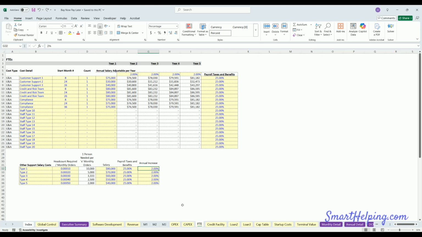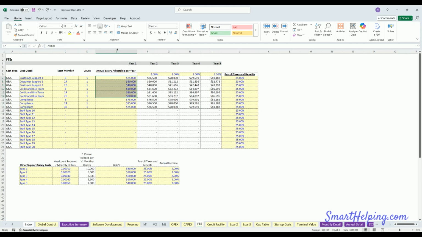So this is where you might want to spend some time. The top section is just a cost type, the start month, the count of potential different salaried employees, their average salary here, and then what changes over time as well as payroll tax and benefits.